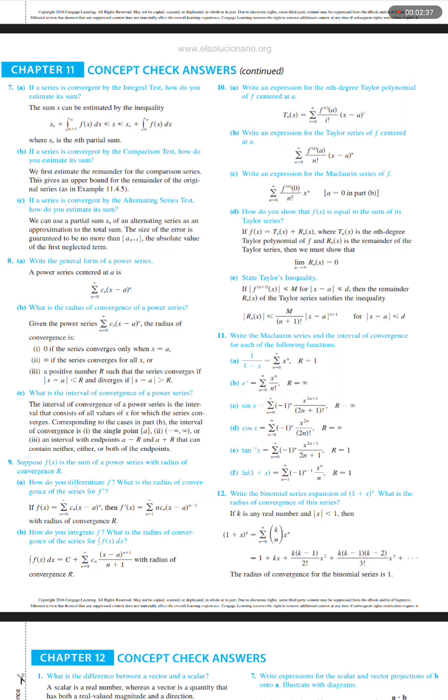Number 2, infinity if the series converges for all x. Or number 3, a positive number R such that the series converges if the absolute value of x minus a is less than R, and diverges if the absolute value of x minus a is greater than R.